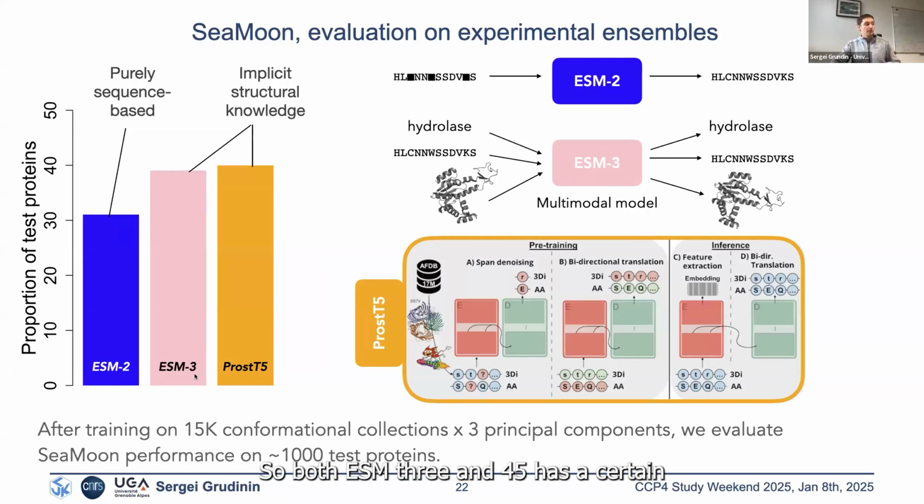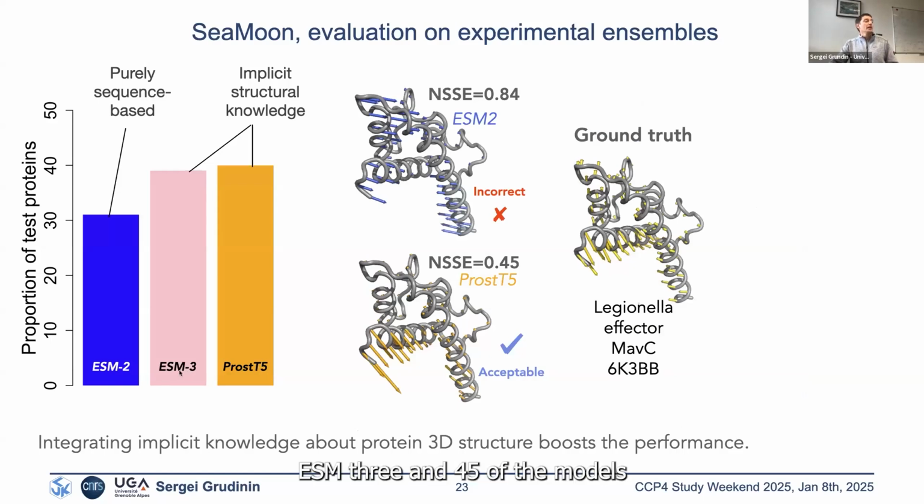So both ESM3 and PROST5 have certain information about the three-dimensional structure of proteins. What we can see is that on average, ESM3 and PROST5, the models that use structural information, perform better than the purely sequence-based model.